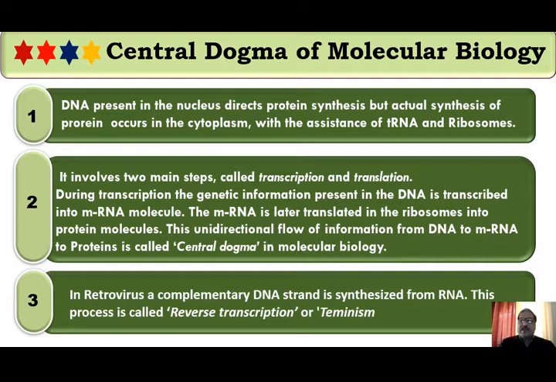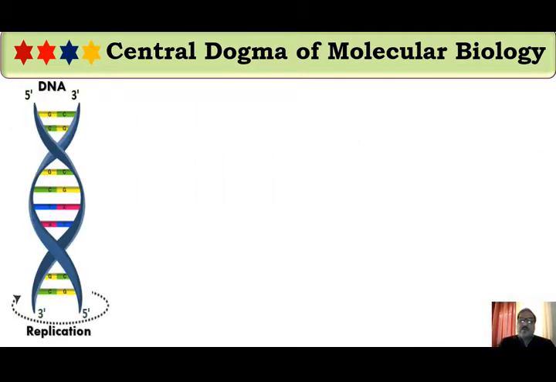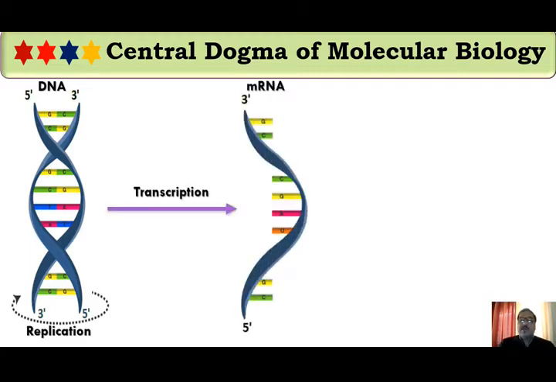So let me explain. Now this is a DNA molecule. During protein synthesis, the whole DNA molecule is not copied. Only the part of the gene, that is the genomic part of the DNA, the gene that is required. So that information is transcribed on mRNA through this process called transcription.